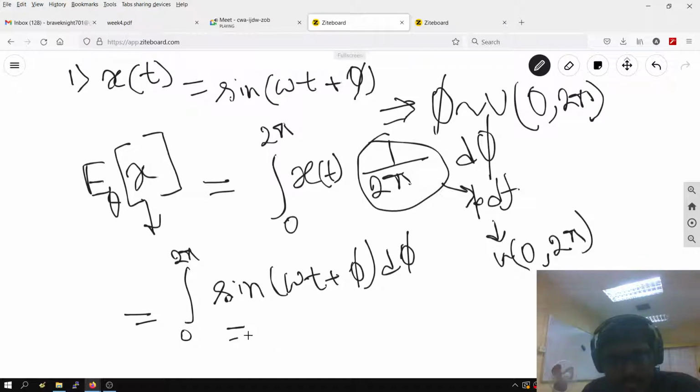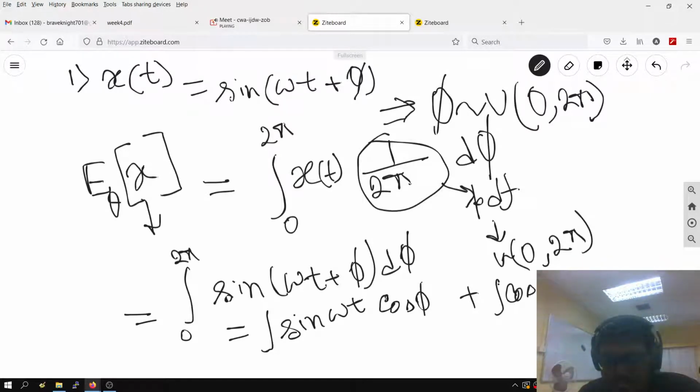So this can be written as sine of omega t cos phi plus cos of omega t sin phi, and the integration is over d phi, and the integration limit is 0 to 2 pi. Similarly, this integration limit will also be 0 to 2 pi.